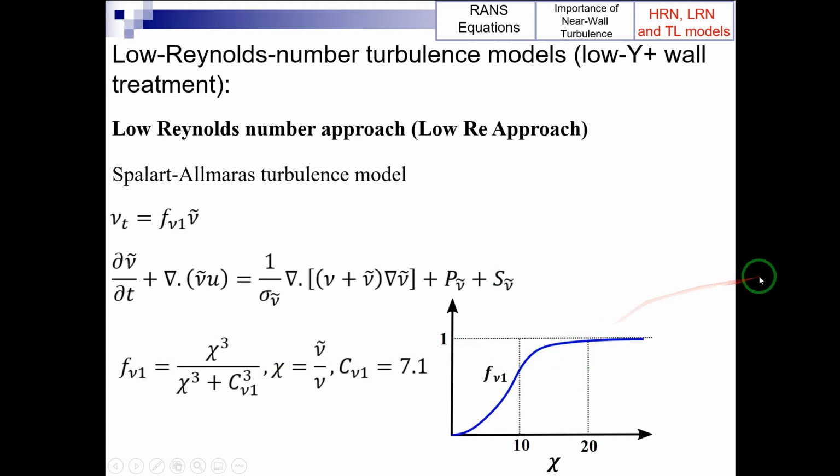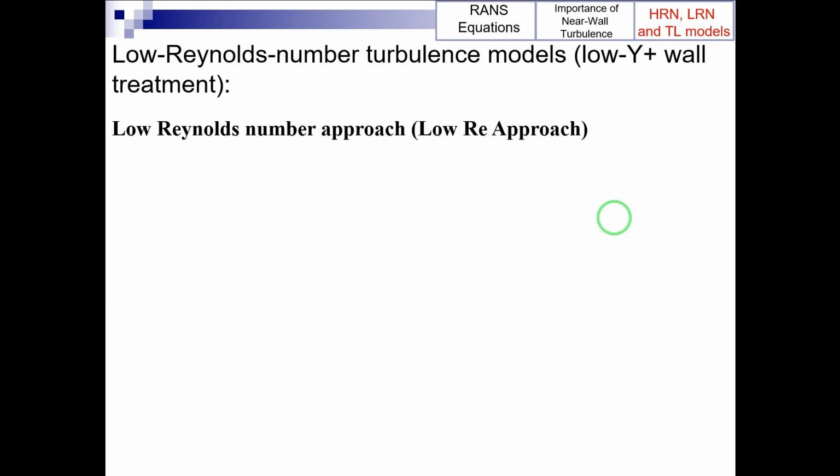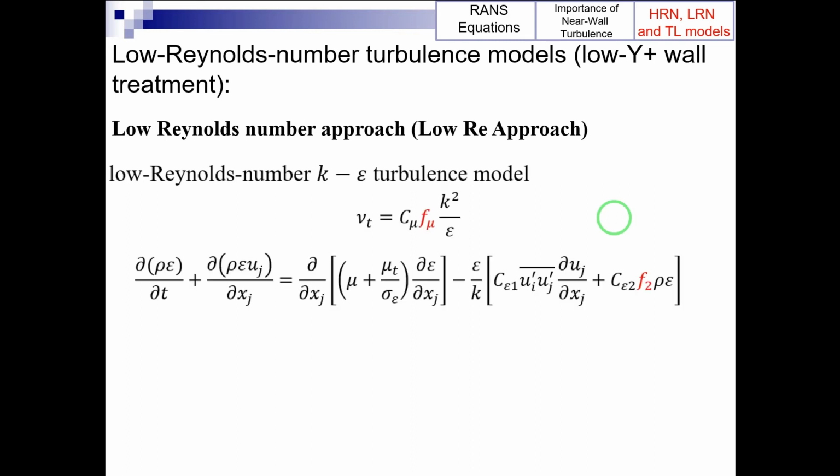Another example is the low Reynolds number K epsilon turbulence model, in which the coefficients are defined as functions of a turbulent Reynolds number, often also incorporating the wall distance.